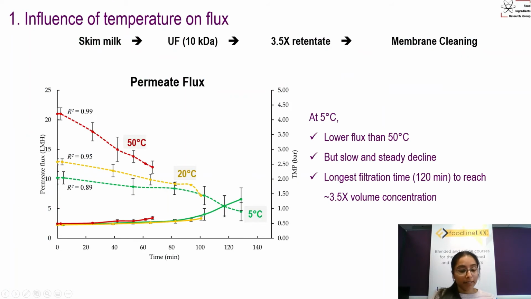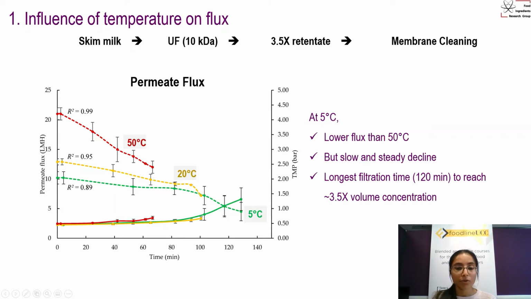So in this slide, you see the flux performance at different processing temperatures. For filtration, I used an ultrafiltration membrane of 10 kilodalton to make 3.5x concentration retentates and studied the flux performance during the filtration run. As you can see here, at 5 degrees centigrade, flux was lowest, but it declined slowly.